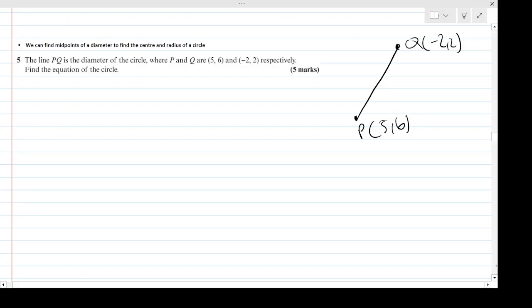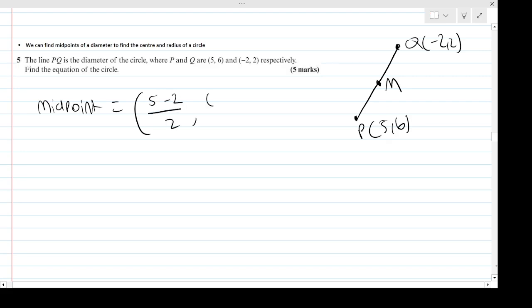Now, we're told that PQ is the diameter. Well, if it's a diameter, the midpoint, which we looked at last time, the midpoint M is going to be the centre. So first we need to find the midpoint. If we add the two x values, we're going to get 5 minus 2, and then that's over 2.